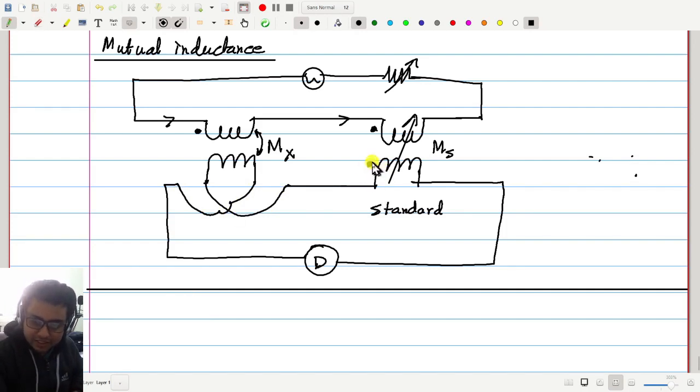that means this side is positive, this side has dot, so now which side will have dot? Minus, plus, plus, minus. So this should have the dot.